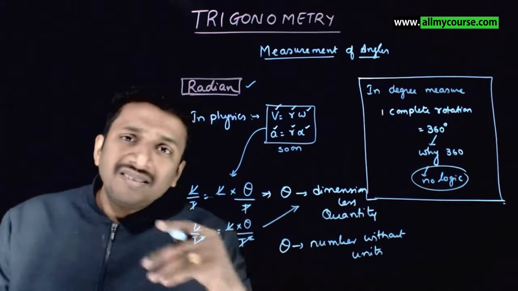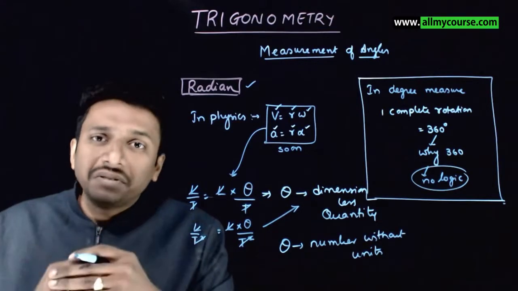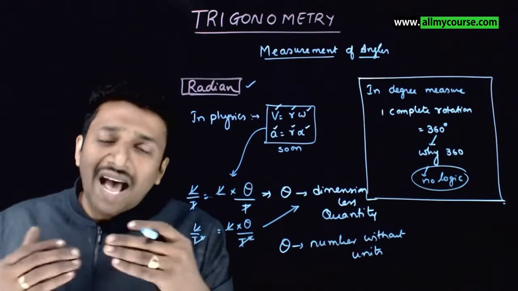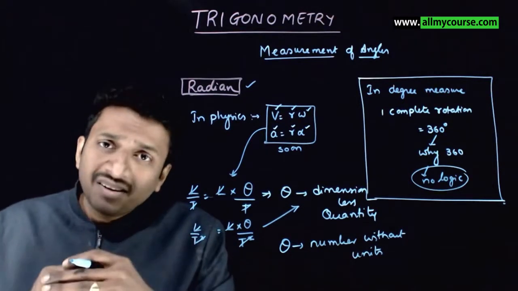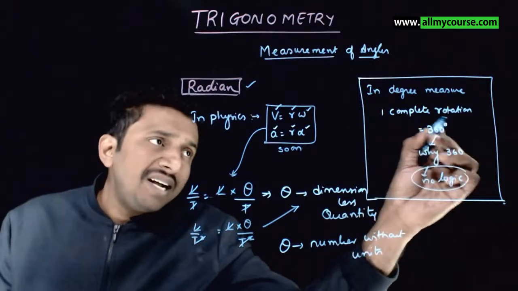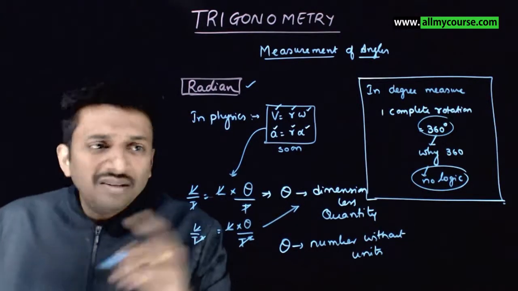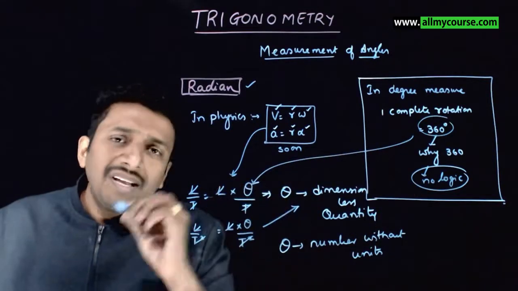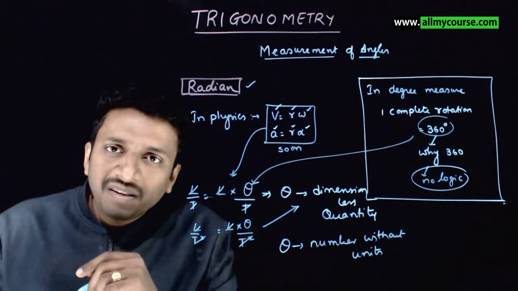Even in the centesimal system, why should a right angle be divided into 100 divisions? There's no logic about that. I could as well divide it into 120 parts, 180 parts, 200 parts, or 500 parts. The more parts I divide, the same angle will be represented by different numbers. So if I go on substituting numbers without taking care of units, I'll get different answers each time.